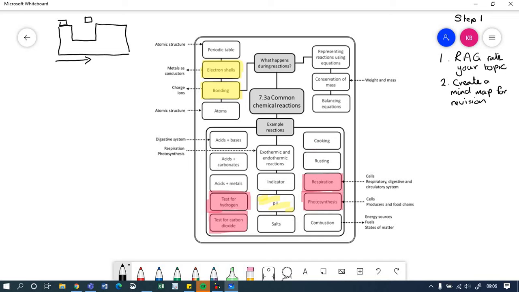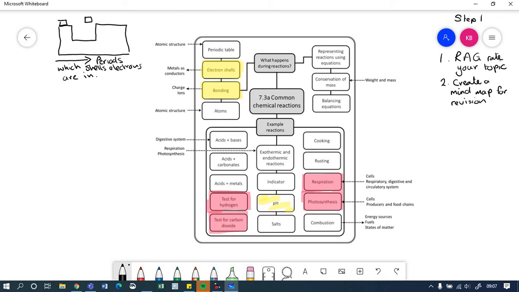Now, I'm going to say across the table, they are called periods, and the periods tell us which shells the electrons are in.